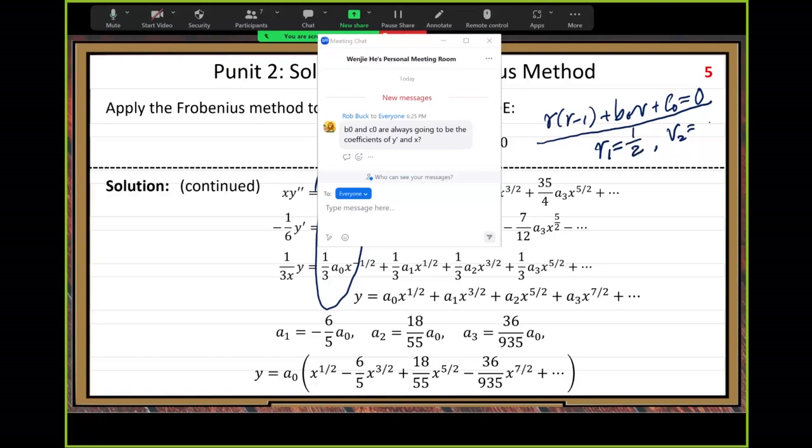R2 is different. So when you do preparation, you can assume R1 is 1/2. Then the power series is the same, before you multiply things, y prime, y double prime. R1 is 1/2.